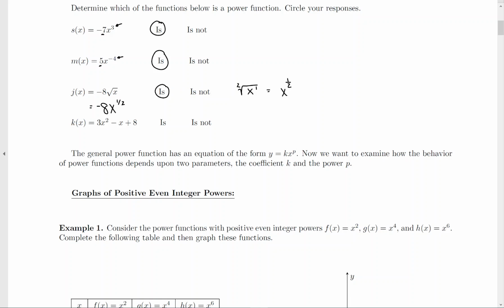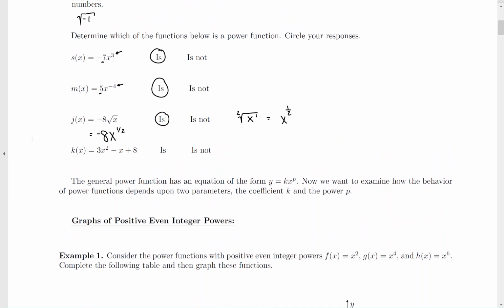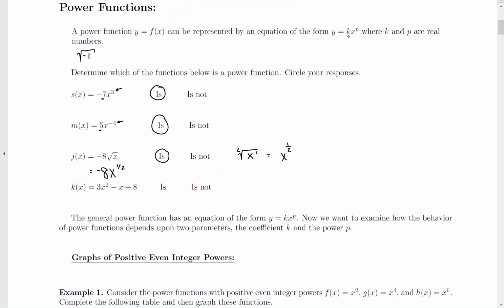About now, you're thinking, well, what the heck is not a power function? Well, if you look at k of x, notice how this one's different. This is k of x equals 3x squared minus x plus 8. There's a lot of extra terms going on here, so it's not just one term, and in fact, our definition of a power function is it's just one term, kx to the p power.